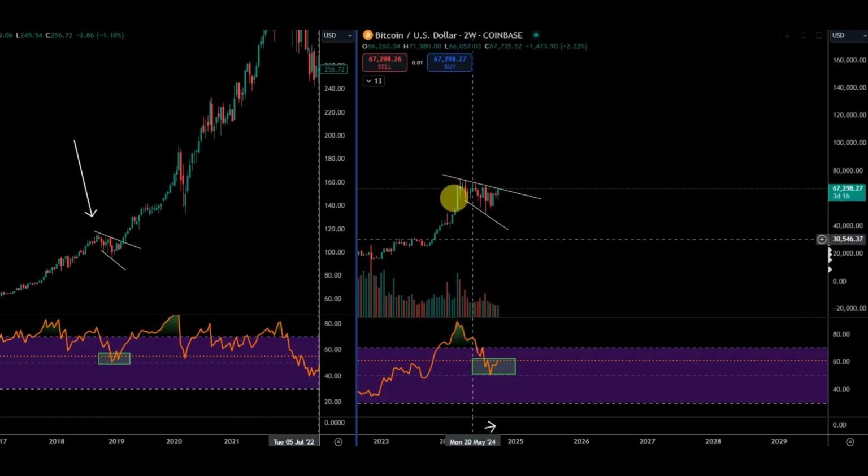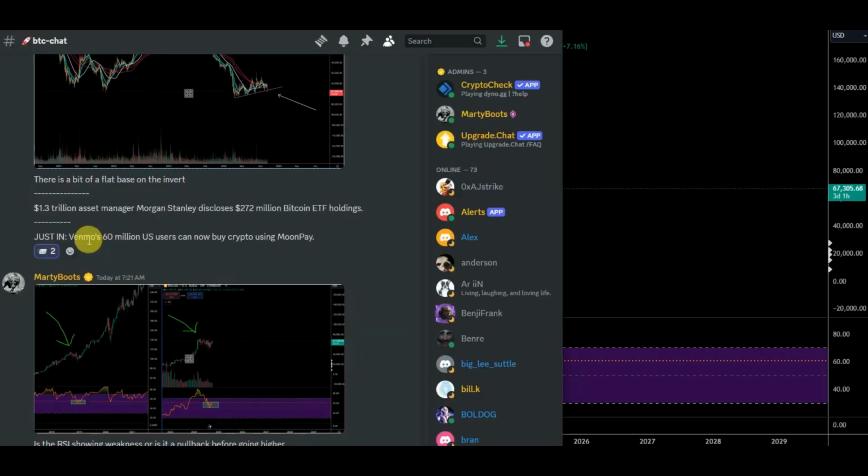Is anybody wanting to sell Bitcoin right now? I don't hear anybody thinking that Bitcoin's overbought or too high in price, there's just more and more companies buying it. I just posted in the group there, 1.3 trillion asset manager Morgan Stanley discloses $272 million in Bitcoin.